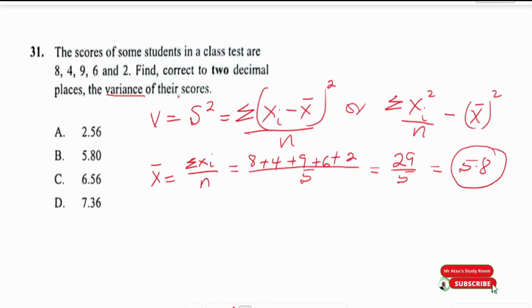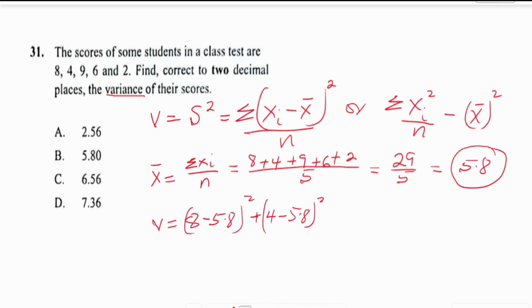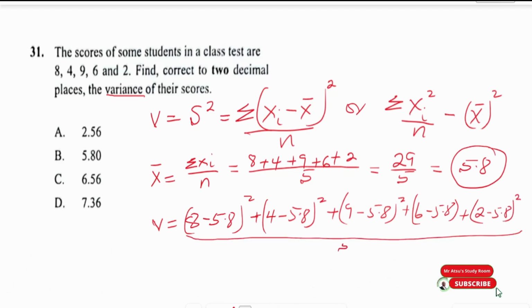So now our variance is going to be V equals summation of x minus the mean, all added together. So we're going to have 8 minus 5.8 all squared plus 4 minus 5.8 all squared plus 9 minus 5.8 all squared plus 6 minus 5.8 all squared plus the last one, 2 minus 5.8 all squared, and the whole of this divided by 5.